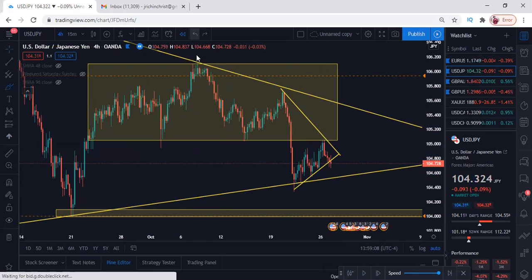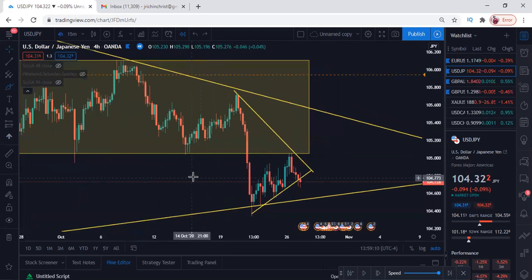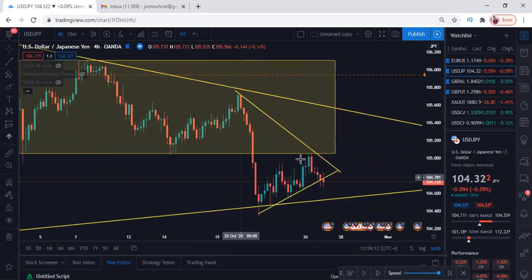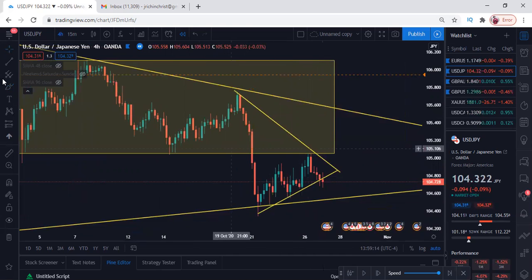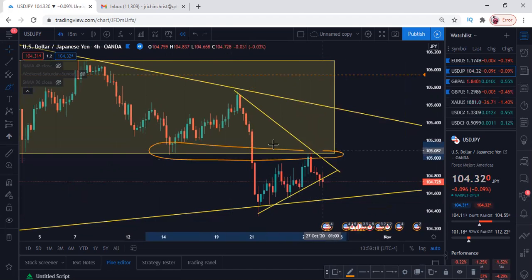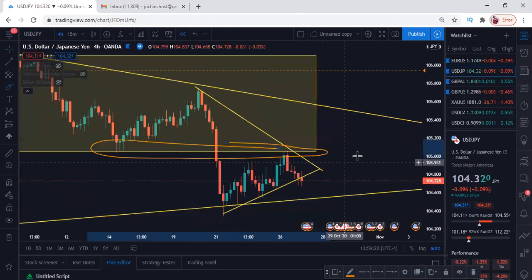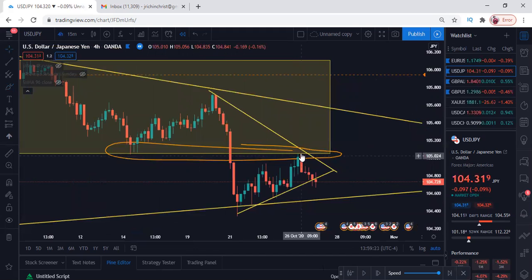You can look at this a whole different way, as a breakout, but the confirmation that I'm looking for is once this market did not pass this level of structure in this area. This is a way where you could have entered, even though this bullish candlestick closed as a bullish rejection.